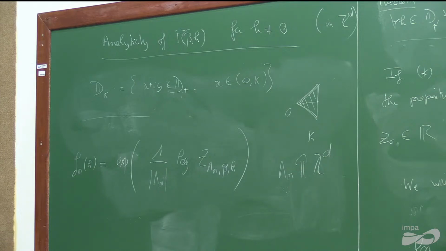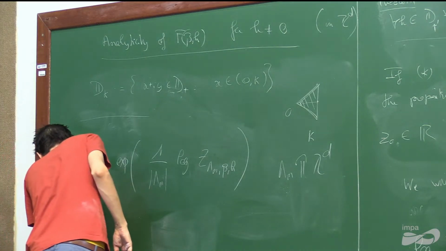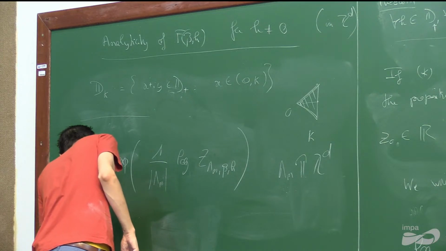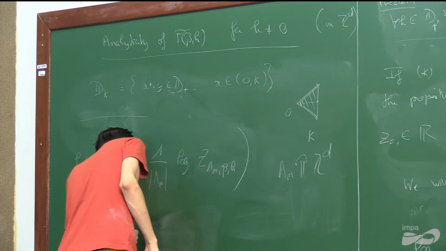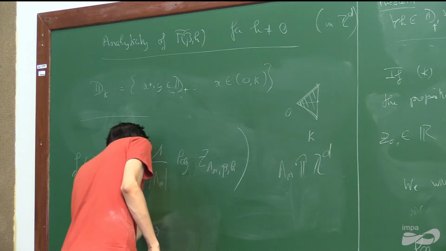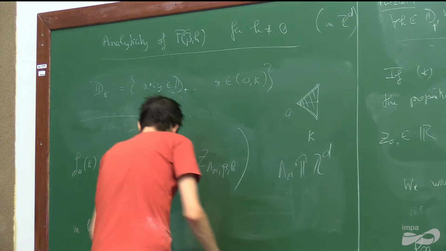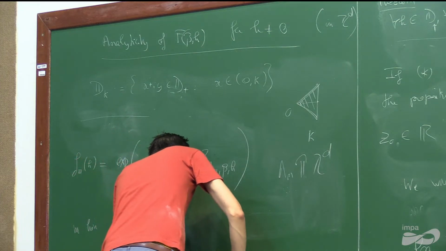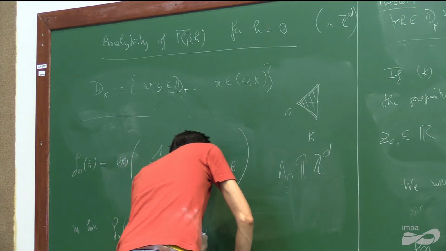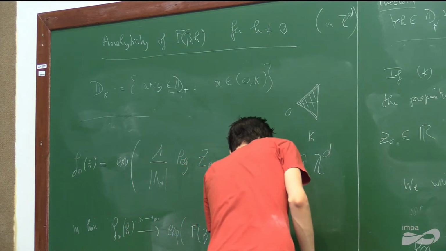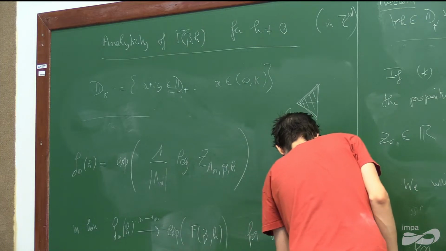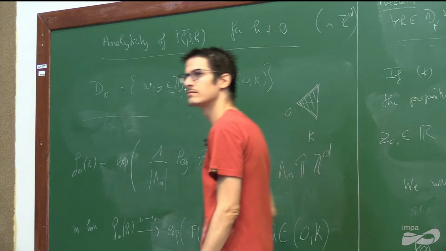Clearly, we have F_n(h), which converges when n goes to infinity to the exponential of f(beta, h), for h in (0,K).